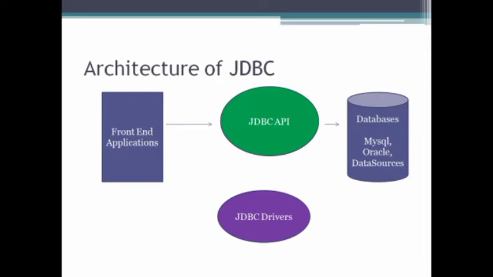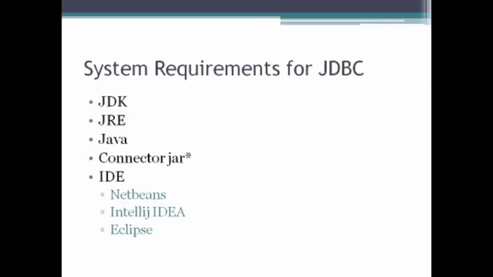Okay, so what are the system requirements for JDBC? There are five things that you need to work with JDBC. The first thing is JDK, which is the Java Development Kit, that helps you to build applications in Java.